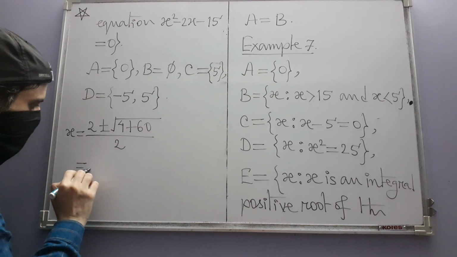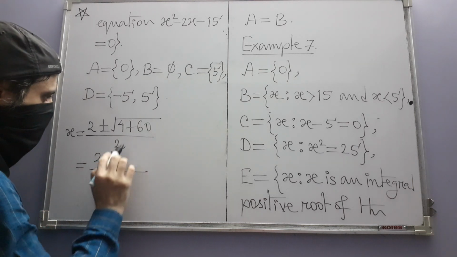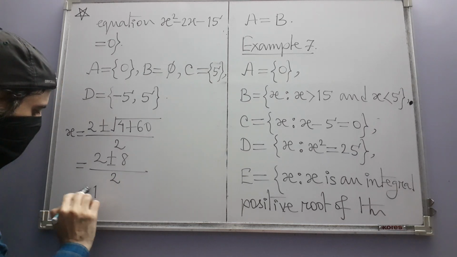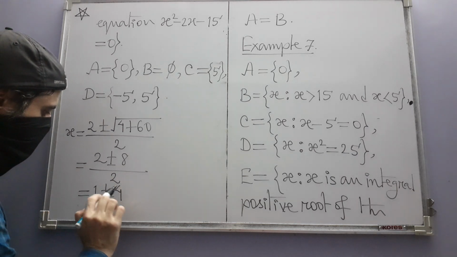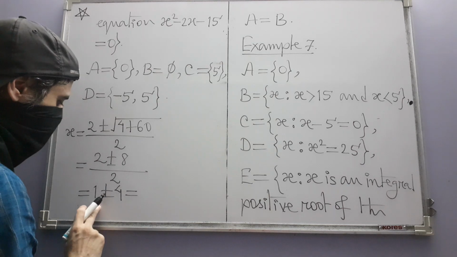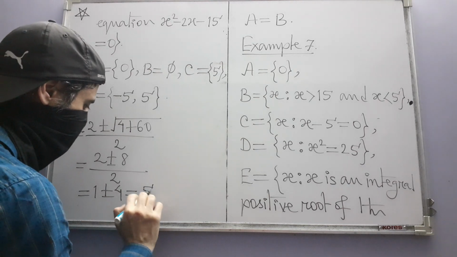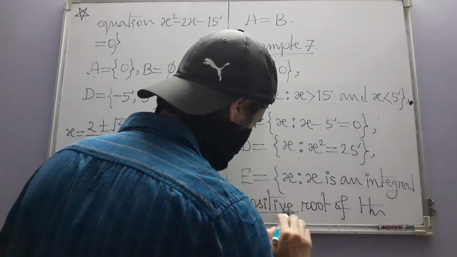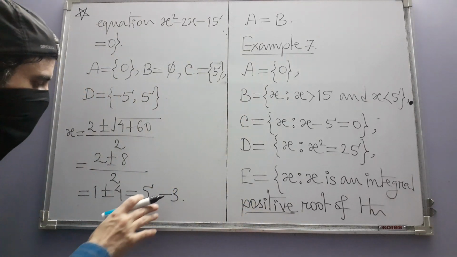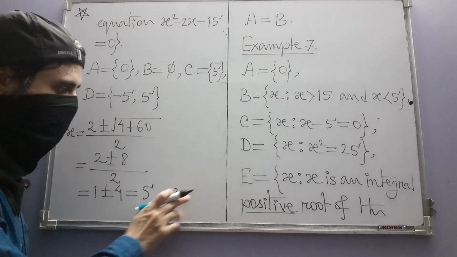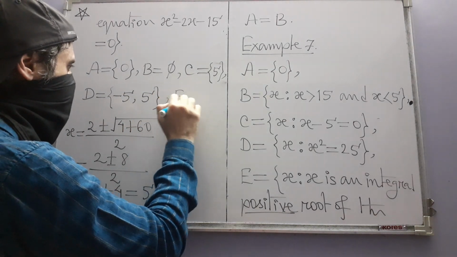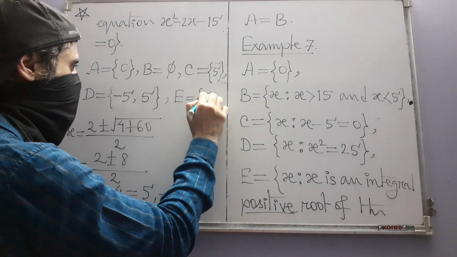So what are we getting? 64, that means 8. So after dividing by 2, we get this. So one of the roots is 5 and the other root is minus 3. But keeping in mind that both the roots are integers, but we need positive. And that is why E is equal to 5.